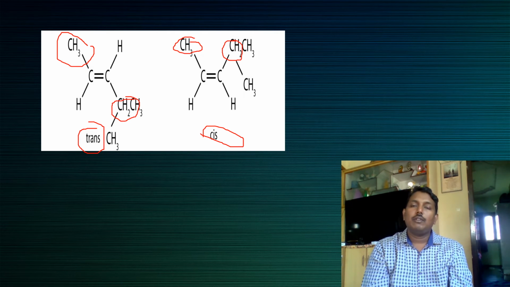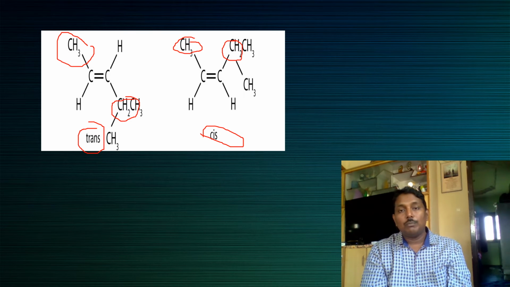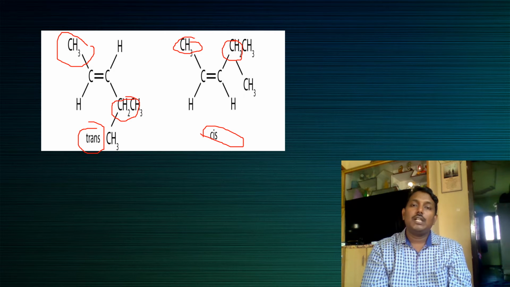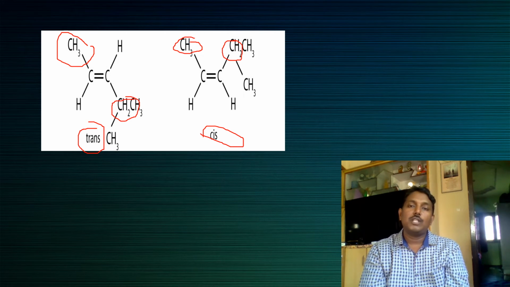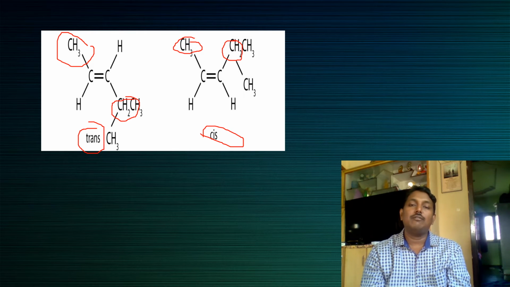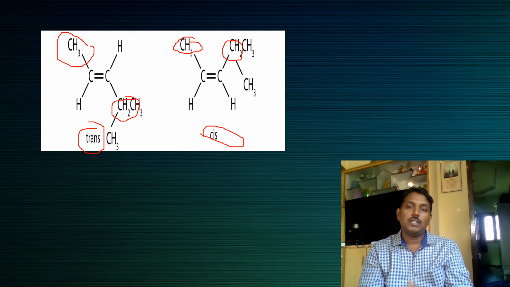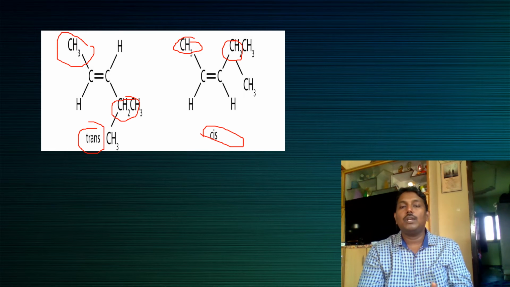We have already discussed that most of the plant oils are unsaturated fatty acids, but commercially, to increase the shelf life of these vegetable oils, they do a process known as hydrogenation to preserve these unsaturated fatty acids. Whenever you do hydrogenation, it converts the cis bond into a trans bond.